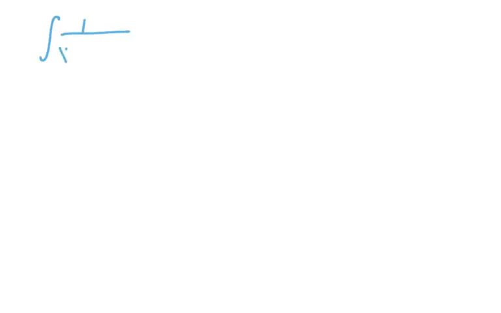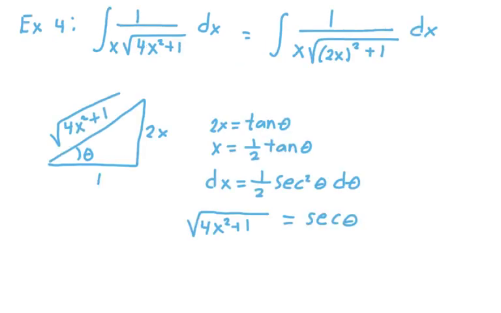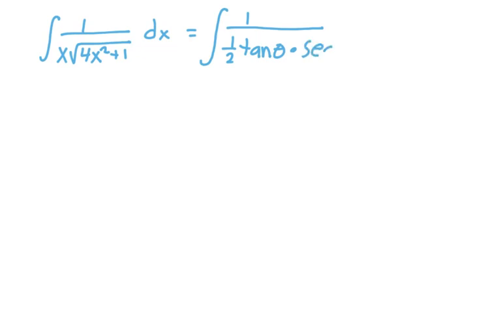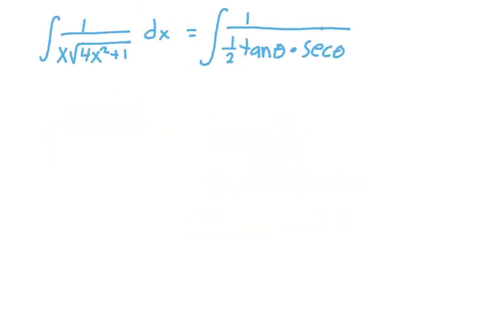The integral of 1 over x square root of 4x squared plus 1 dx is the integral of 1 over, and then I'm going to get 1/2 tangent theta times, and then this is secant theta, and then I'm going to replace dx with 1/2 secant squared theta d theta.